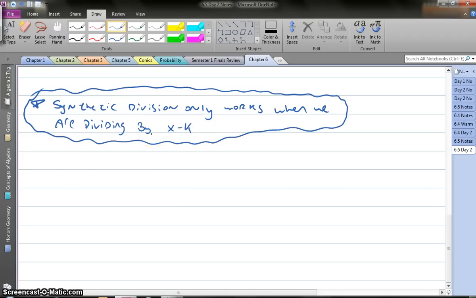So, for instance, let's say we have 2x to the 5th plus 9x to the 4th minus 3x squared to the 3rd, plus x minus 3, all divided by x plus 4. All right, so let's set it up. I have 2, 9, negative 3. Now my squared term is 0.